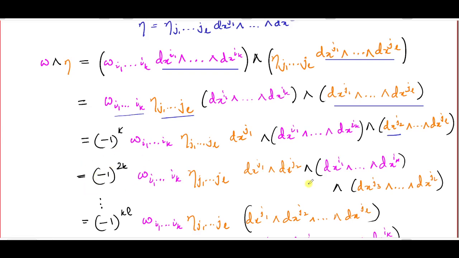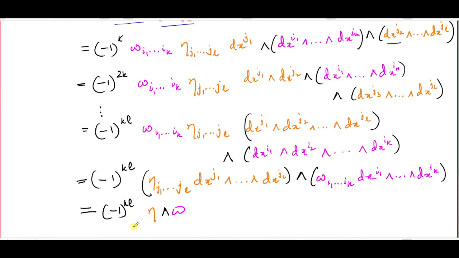Now, of course, your job now is to make each and every one of the dxj's jump and sit in just the right order on this side. So each one of them has to cross exactly k such one forms. So each time a dxj jumps across, you get a minus 1 to the k, but you get that L times, once for each of the dxj's which jump. So minus 1 to the k times minus 1 to the k and so on all the way up to L, minus 1 to the power k whole to the power L, and therefore minus 1 to the kl.